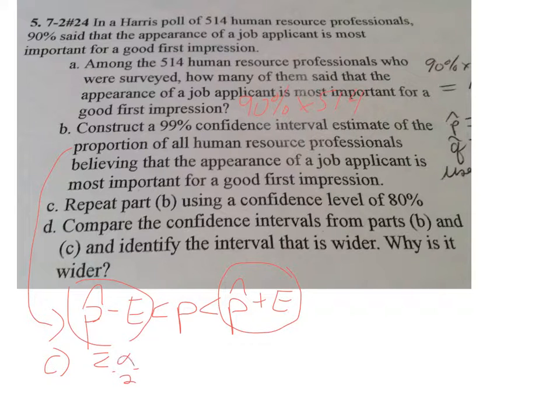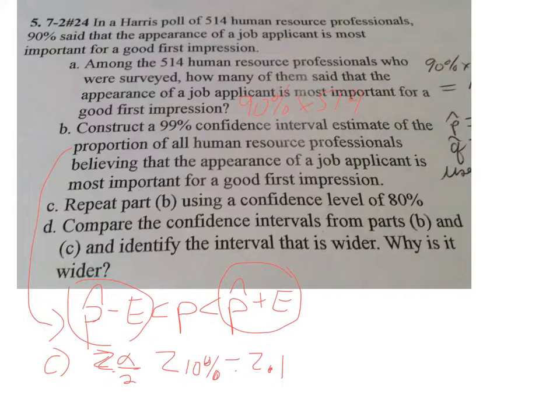In this case, Z alpha over 2 is Z of the remainder from the 80% out of 100, so 20% over 2. So it's Z of 10%, and we don't really write it like that. We write it as Z of 0.1, and you have to go to your chart and look up 0.1 and figure out the Z value corresponding to that.